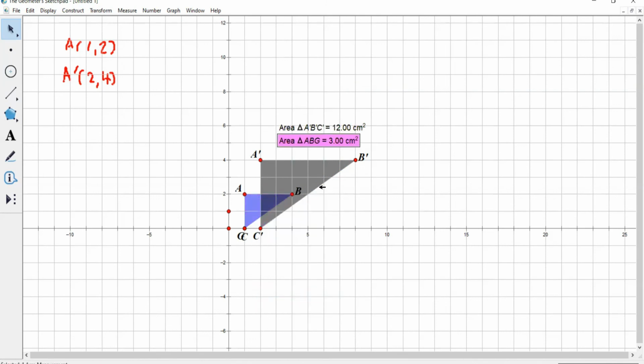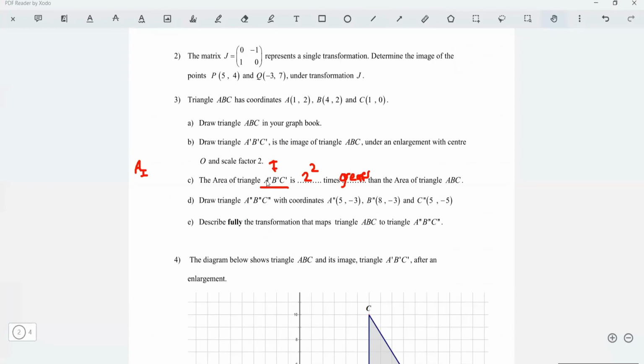So see the 3, it's 4 times it, 2 times 2 greater than this. It is 4 times it because it stems from the formula: area of the image is k squared, the area of the object.